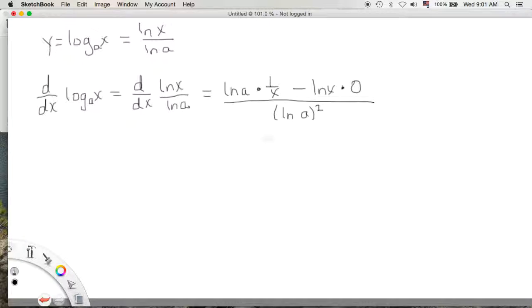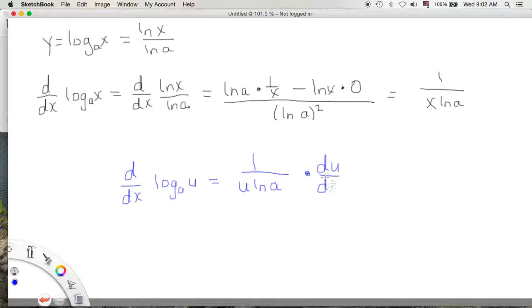And then we can simplify that. And we just get that we have 1 over x times the natural log of a. Write this out if you need to, pause it, and make sure you know how we got here. So then if we use our general form, if we have to use our chain rule, we just have to take that derivative of the inside part into consideration.